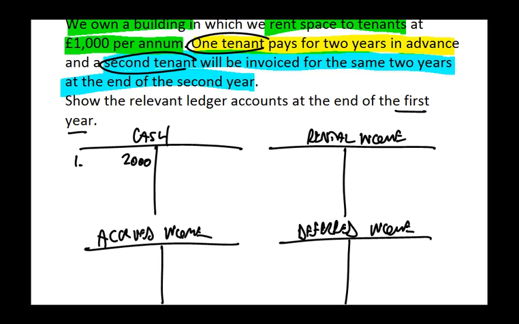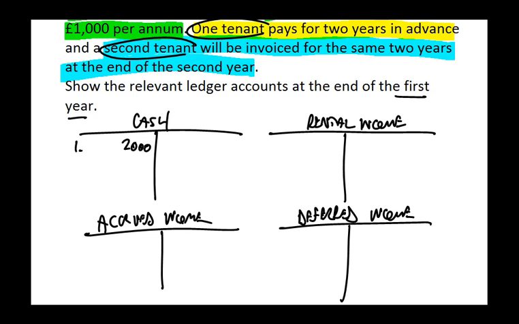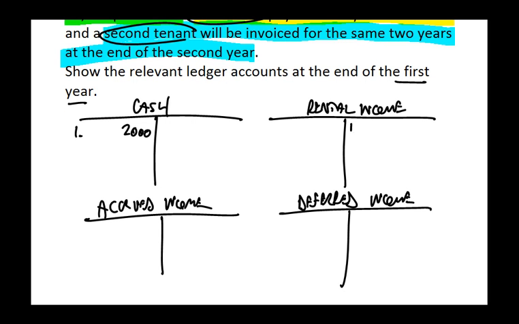So what we actually end up doing is splitting that £2,000. Now, I can put £1,000 to rental income. That's what we've actually earned in the year for the fact that they've occupied space in my building. But we've got to defer the remainder of the payment, the other £1,000. That's effectively income I've received that actually relates to next year, doesn't it? It relates to year 2.